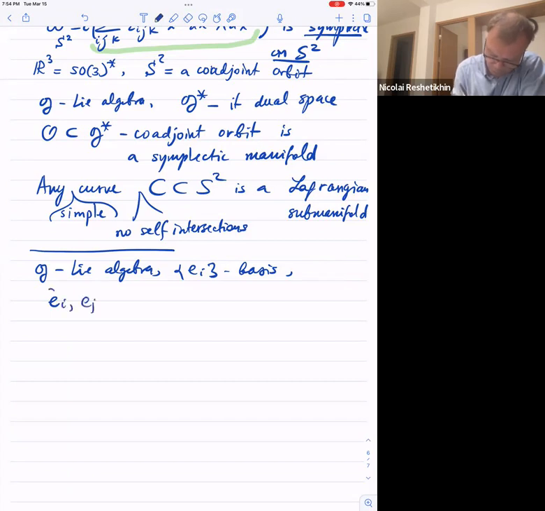Once I choose coordinates, the Lie bracket gives these structural constants.